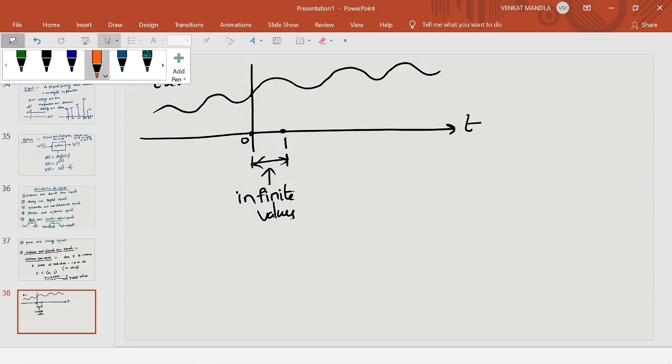Between 0 to 1 this is the signal, and at each and every point we have signal strength, signal value. So this is called a continuous time signal.